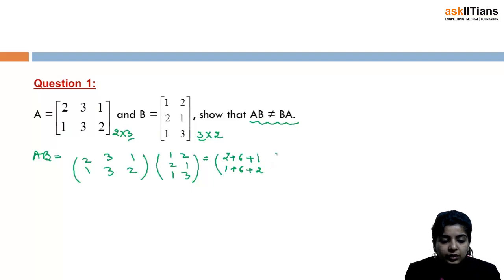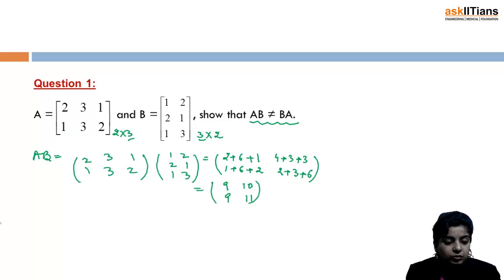Then again 2 into 2 plus 3 into 1 plus 1 into 3. 2 into 1 plus 3 into 1 plus 3 into 2. This gives me 9, 4, 7 plus 3 is 10. Then I again have 9. Then I have 11. So this is what I get when I multiply these two matrices.